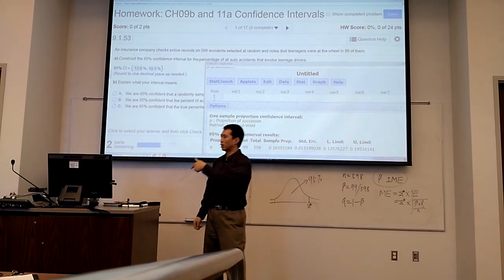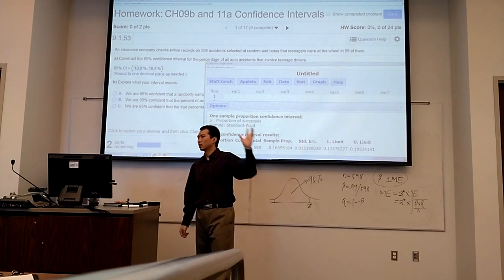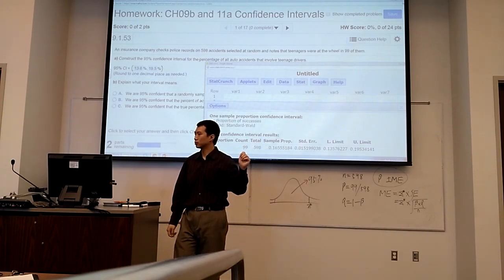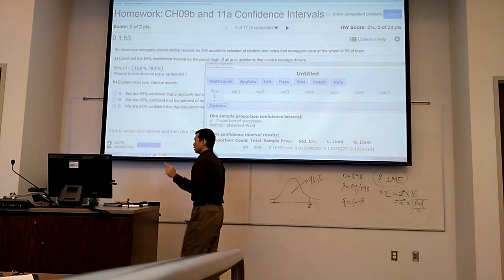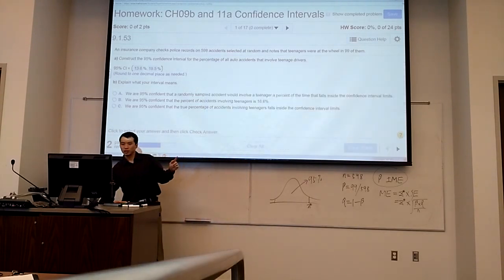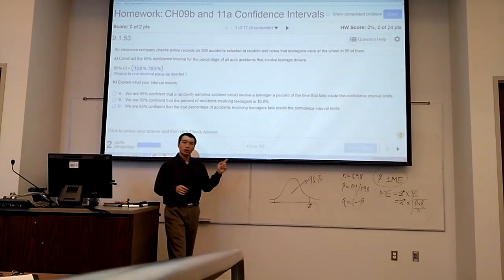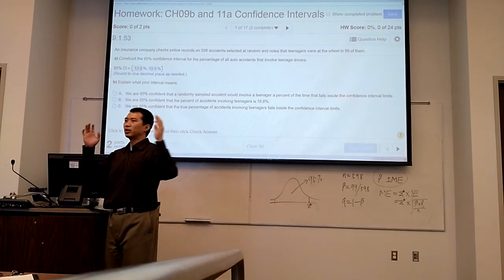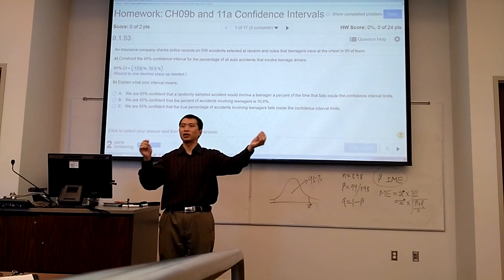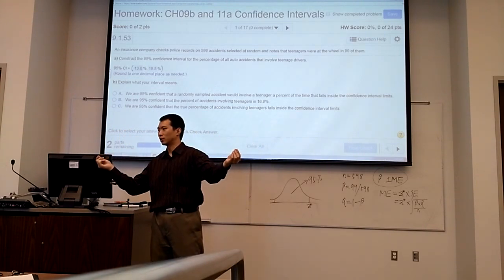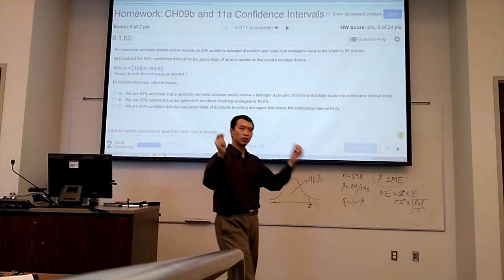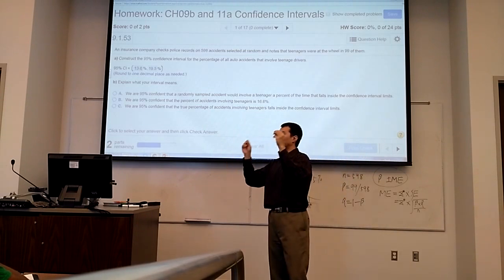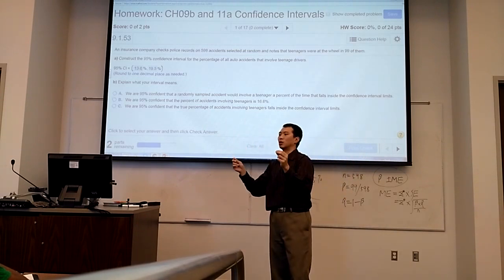I will show some other questions as well. So here it's asking the confidence interval, right? In order to construct the interval, you need to have a lower limit and upper limit. So if someone asks you the confidence interval, that means it's asking you the upper limit and lower limit.